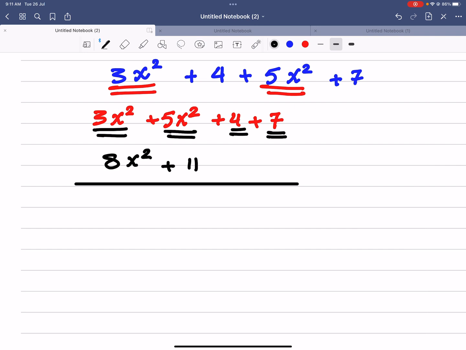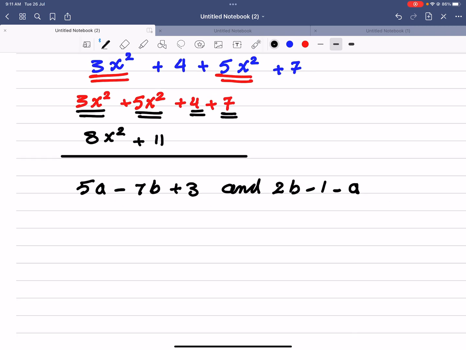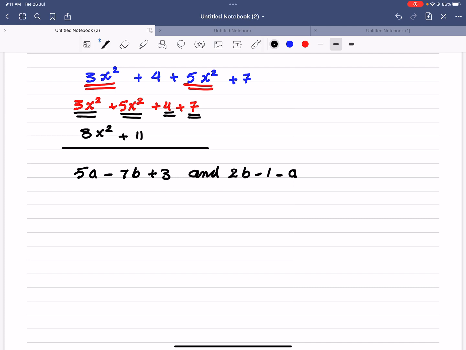If we have here something like 5a minus 7b plus 3 and he asks you to get the answer or try to combine 2b minus 1 minus a. طبعا في عندنا طريقتين. الطريقة الأولى هي vertically and another one horizontally. ان انت يعني تخليهم جنب بعض او تحطهم تحت بعض.